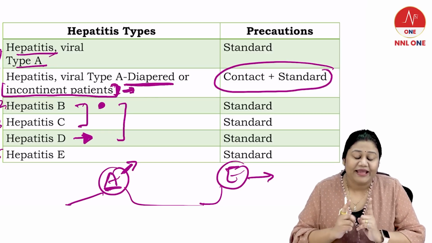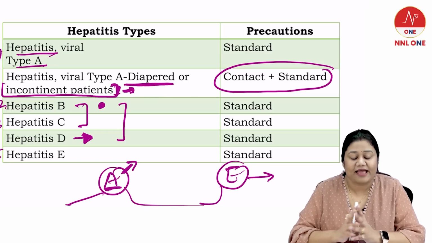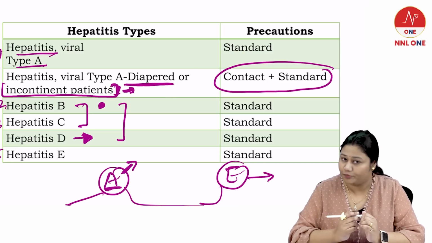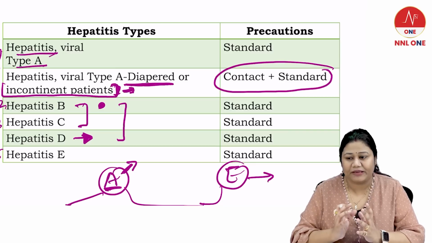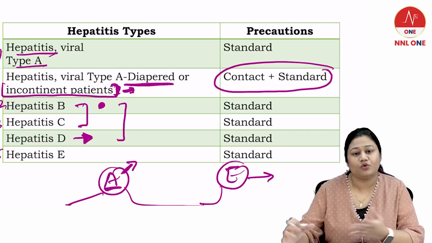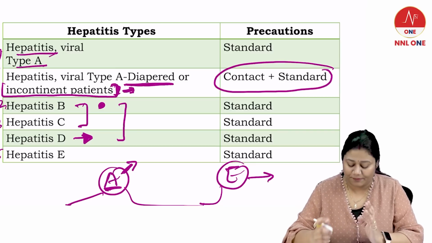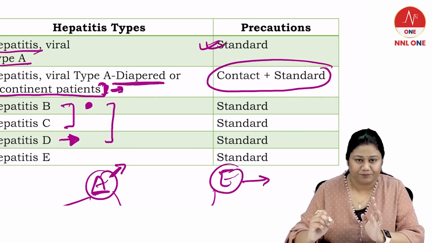Let me repeat: if you have a patient with hepatitis A infection who does not have any incontinence of stool problem, or you are not dealing with a baby on diaper, then you have to apply only standard precaution, right?